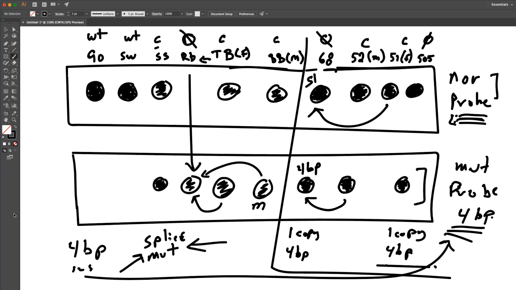The real question came with individual 505, who has 1 copy of the 4 base pair mutation, and when this individual was tested for the splice site variation, because they have 1 copy that interacts with the normal probe, this person lacked the splice site mutation.